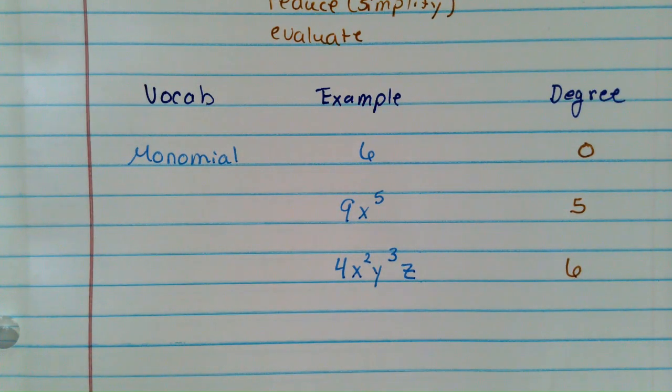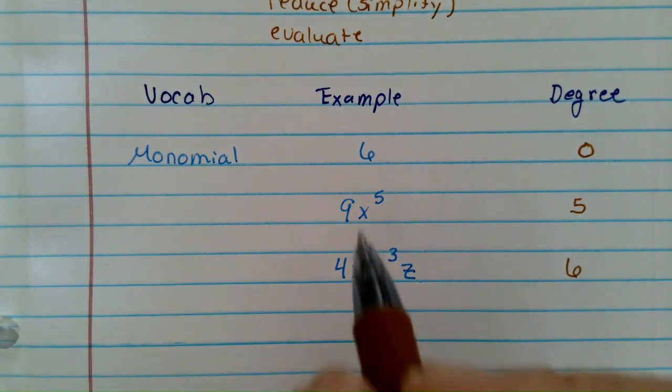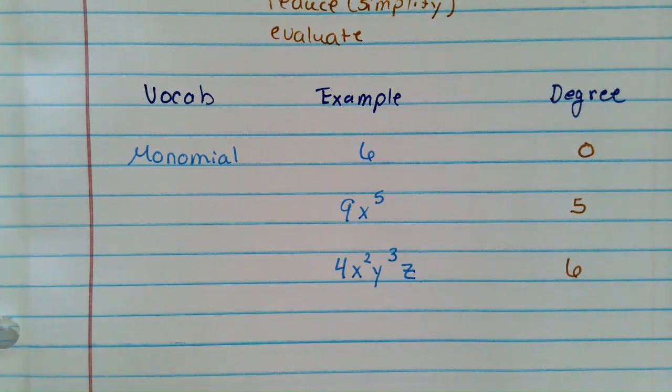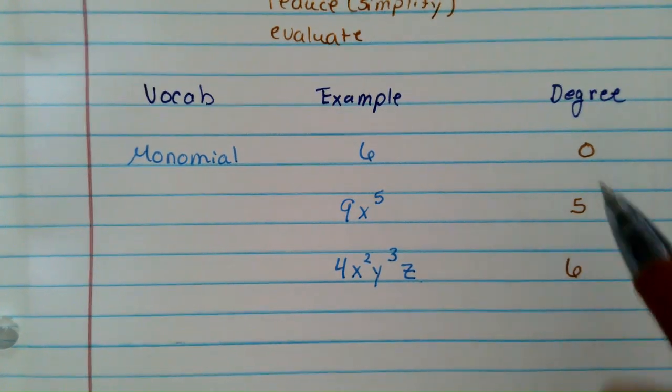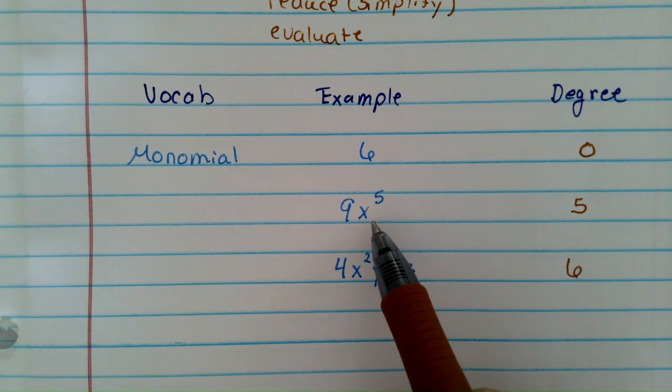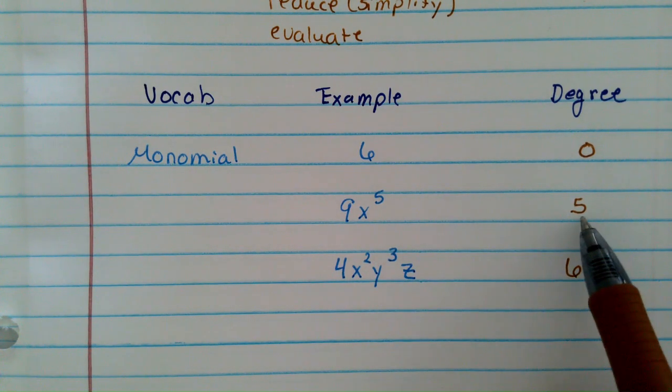What I'm doing here is I'm counting variables. If I were to write it out, how many letters would I write? So 6 is just a number. There's no letters. So that's why it has a degree of 0. 9x to the 5th, that is x, x, x, x, x, right? So there's 5 letters that would be written after them. Granted, it's the same letter written multiple times, but it would take 5 characters to write out all the letters.